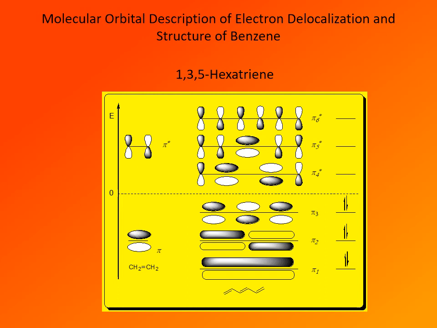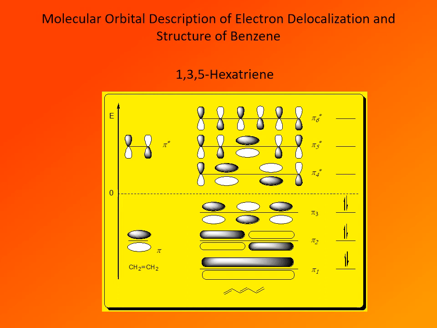There are 6 carbons that contribute 1 electron and 1 atomic p orbital each. That means that there are a total of 6 pi electrons and 6 pi orbitals. 3 of those will be bonding, 3 anti-bonding. So 3 will be lower in energy compared to the original atomic orbitals, and 3 will be higher.